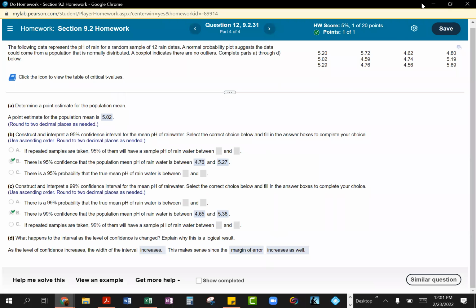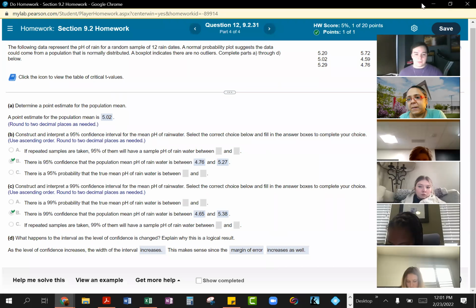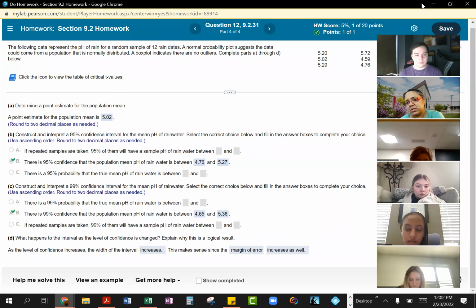So any questions on this example over here? I just wanted to show you how we work with the Z value, which was our standard normal distribution table, and then how we use that with the T distribution table. That's the difference between 9.1 and 9.2.